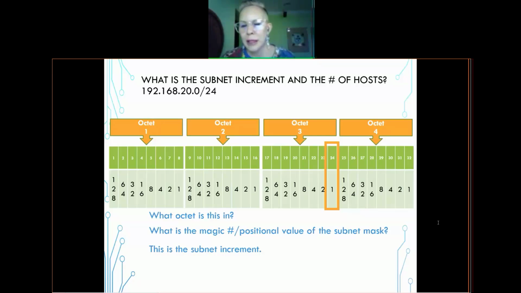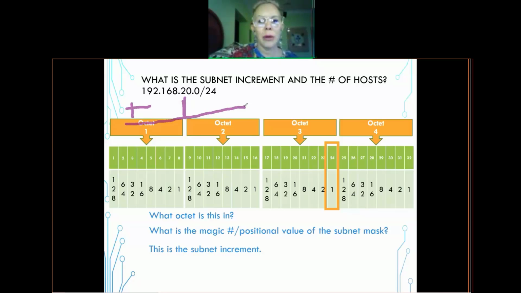So let's think about this. What octet are we working in? We're working in the 3rd octet. So you're going to add the 1 to whatever octet you're working in. In this case, we're going to add 1 to the 3rd octet.